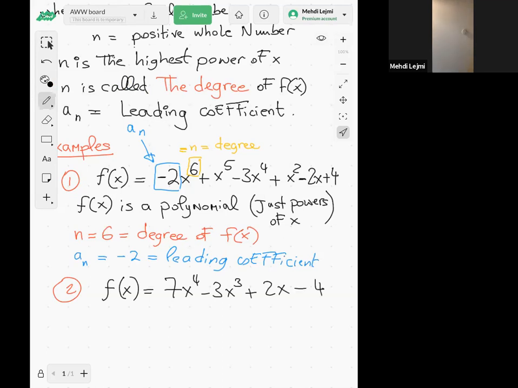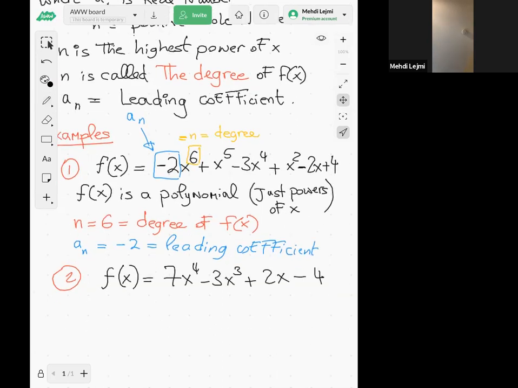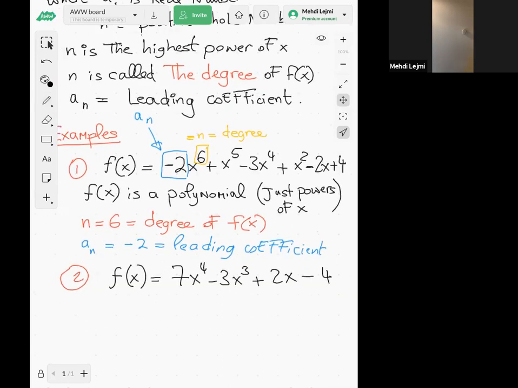So, of course, here, the highest power of x, the degree of f of x, would be 4. So here, my n, the degree of the polynomial, is 4. Again, it's just the highest power of x.